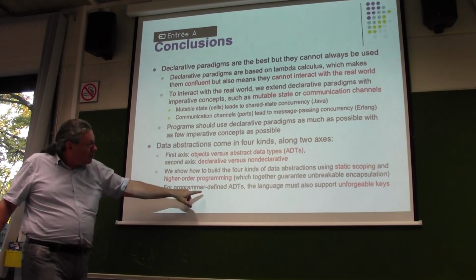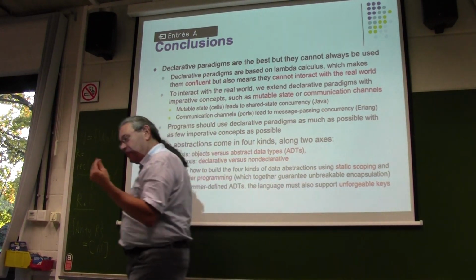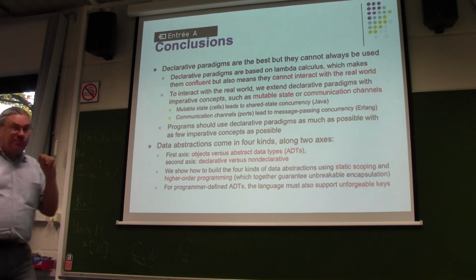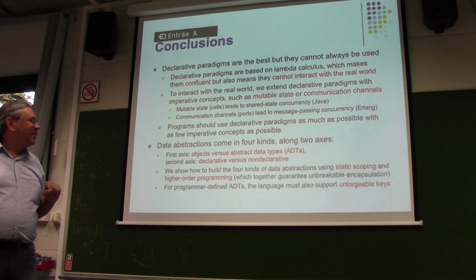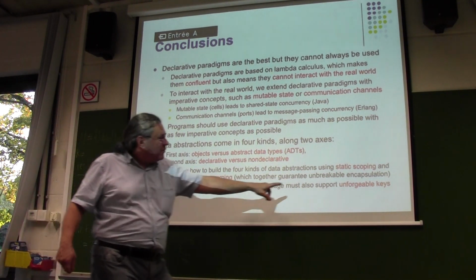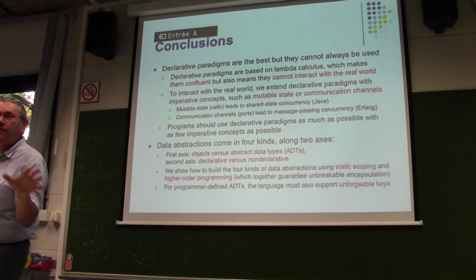But if you want to define your own abstract data type, you need this unforgeable key thing. Okay, you need a way of doing security in the language. Most languages don't give you this. This is kind of a new thing. Usually the languages hide it.